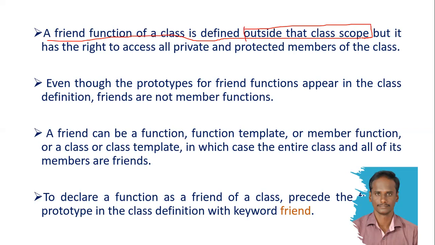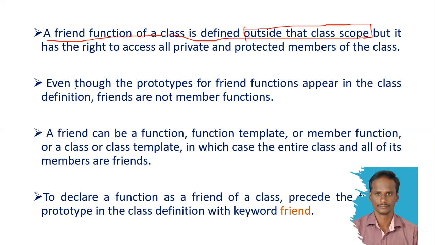Generally, a non-member function cannot access the inside of the class because its scope is outside the class. But the friend function can access all the properties of the class members. How? That is the concept of friend function, right?